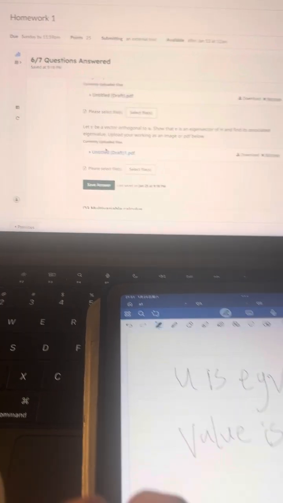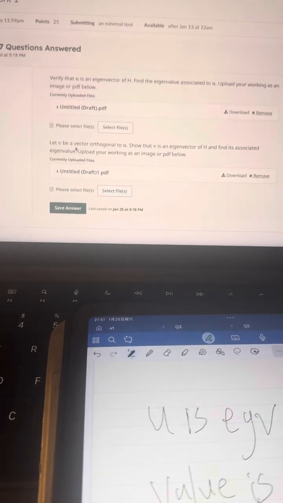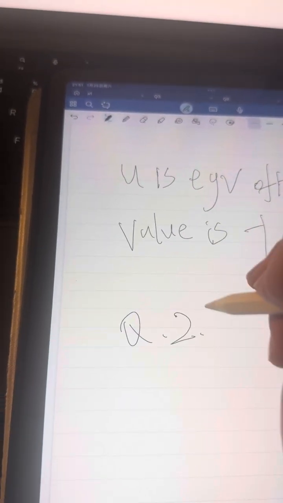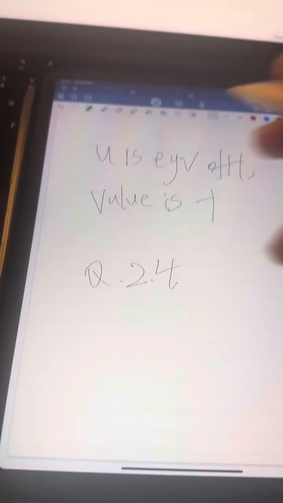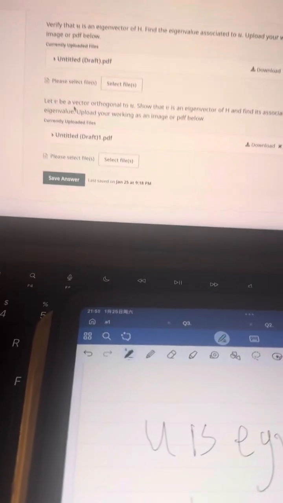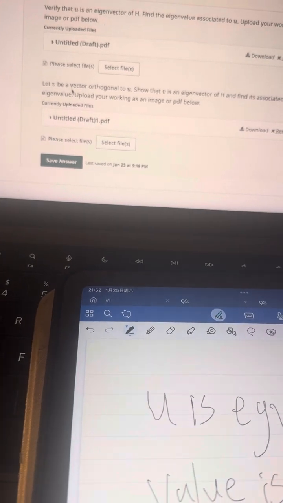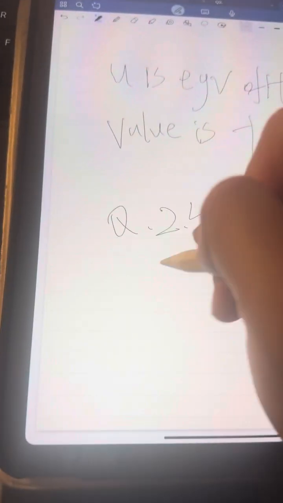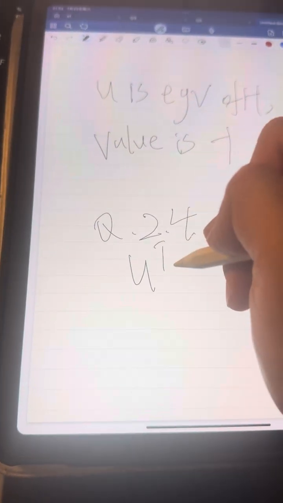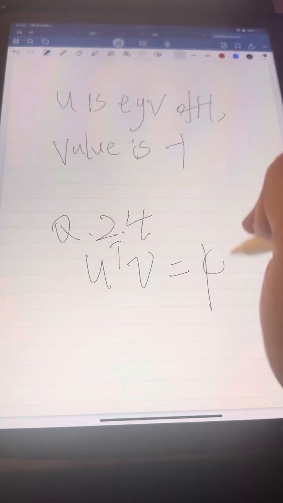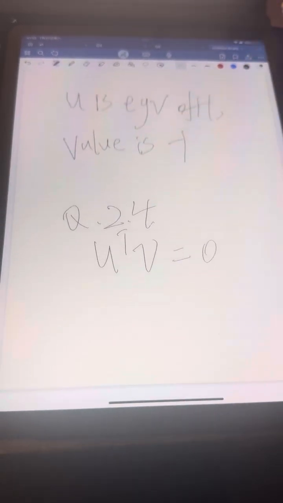And the last question is question 2.4. Technically we do the same. The only difference is we introduce a totally new vector V. The vector V is also orthogonal to U, which means that U transpose multiplied by vector V is 0.